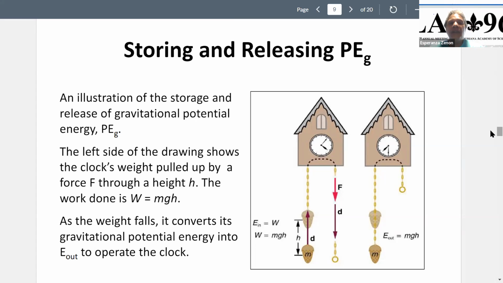Gravity exerts a force, and gravity is what we call a conservative force, meaning the energy that you store up against gravity is always going to be equal to the amount of energy that you can release and utilize to do work.